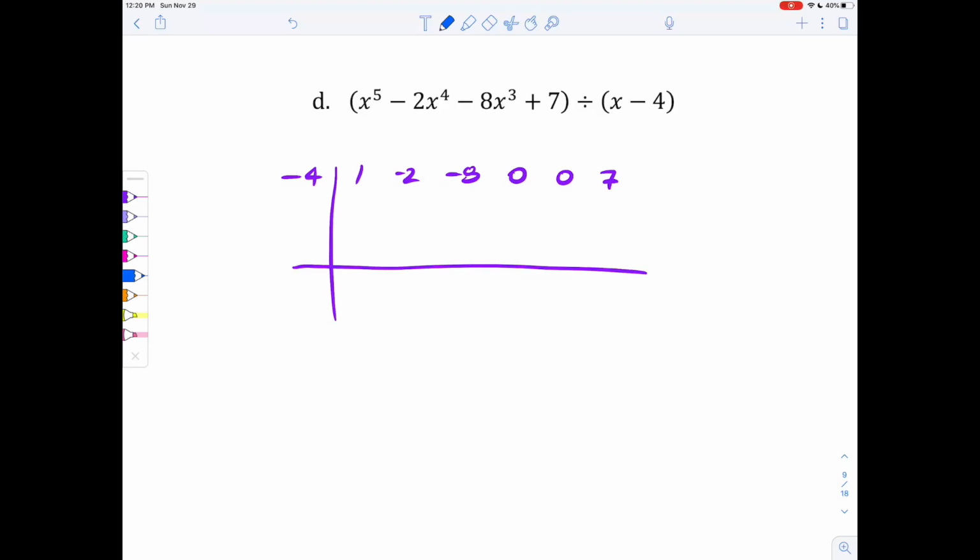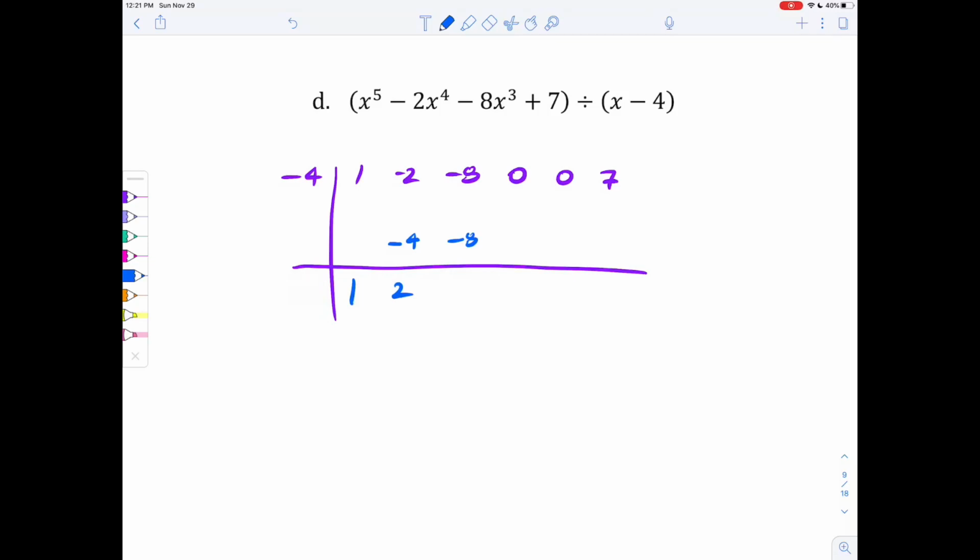So I'll describe it with my words out loud. So 1 minus nothing is 1, that just straight drops down. 1 times negative 4 is negative 4. Negative 2 minus negative 4 is positive 2. 2 times negative 4 is negative 8.